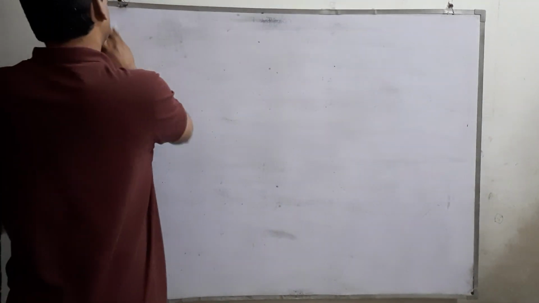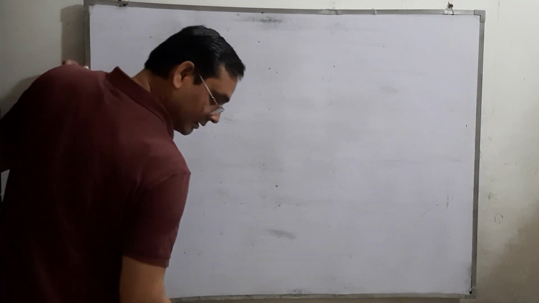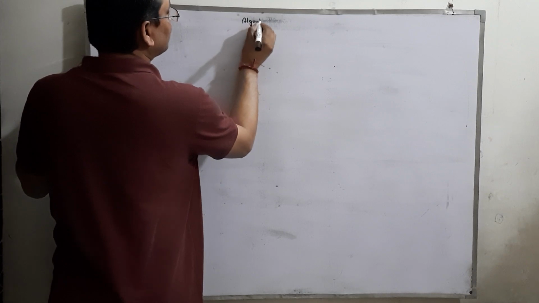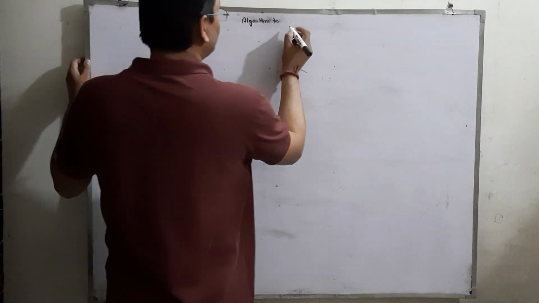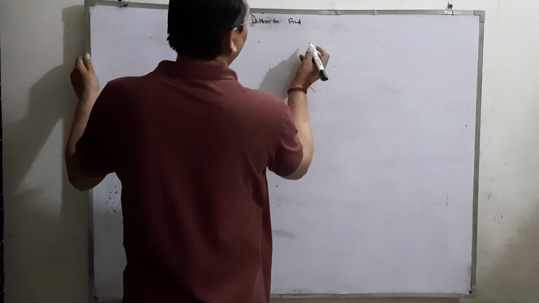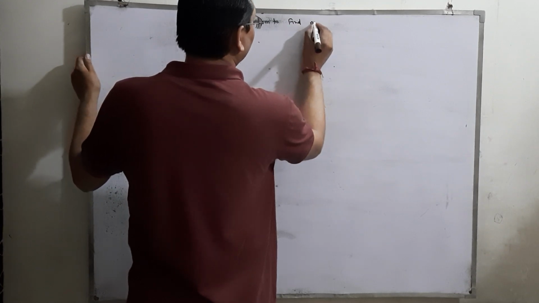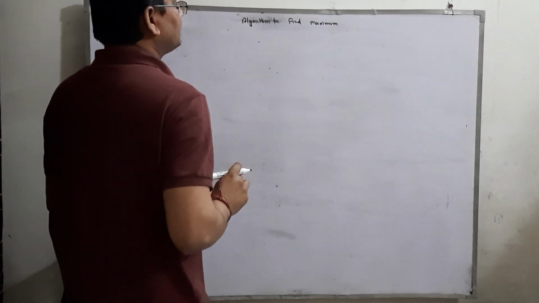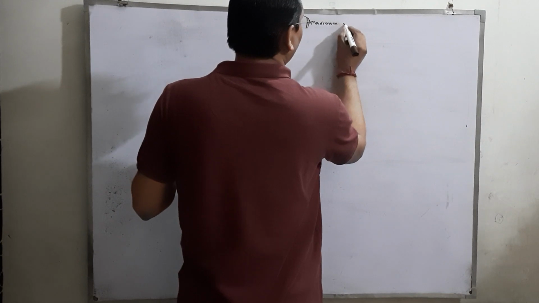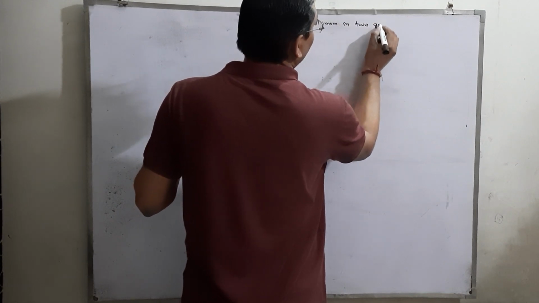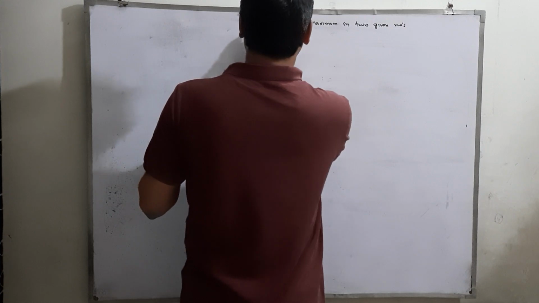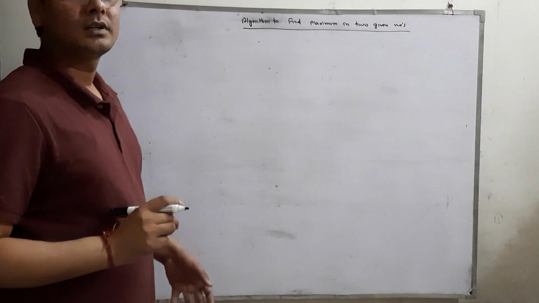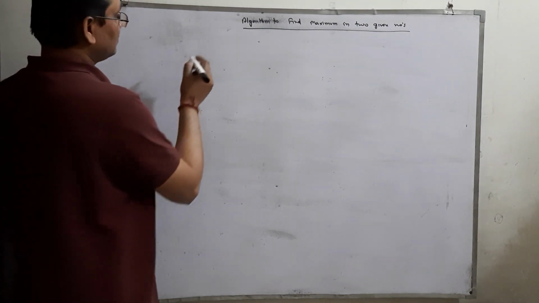But now we are taking another program, an algorithm to find the maximum in two given numbers. Which is the largest and which is the smallest one? This is according to control structure.